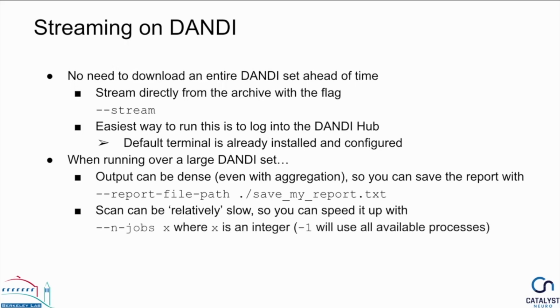Yes, another big thing is for really big DANDI sets, with or without streaming. The scan is pretty fast on an individual file, but when you have thousands of files, it can be relatively slow. So it has built-in parallelization.